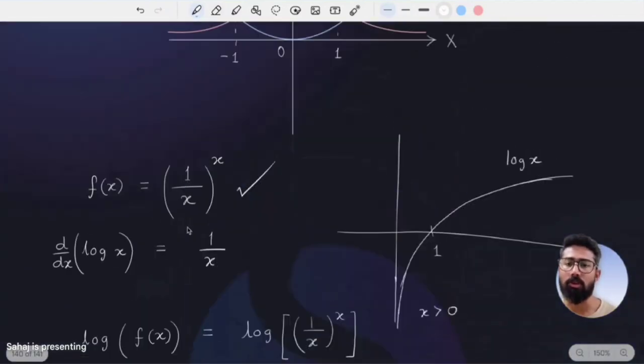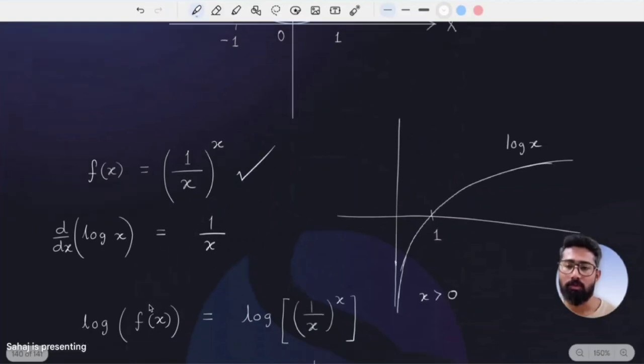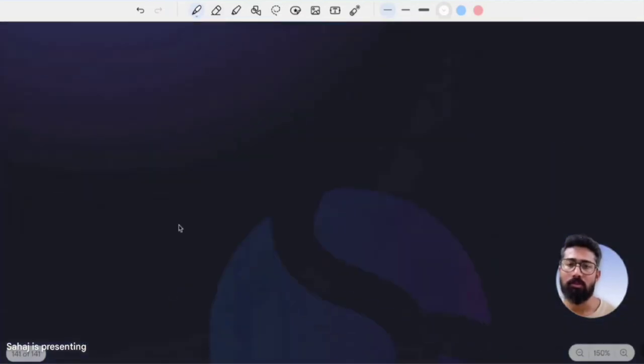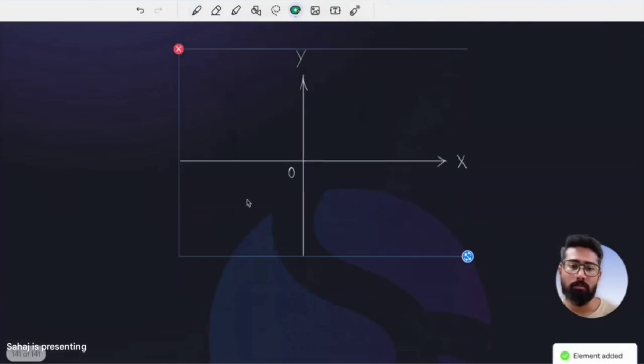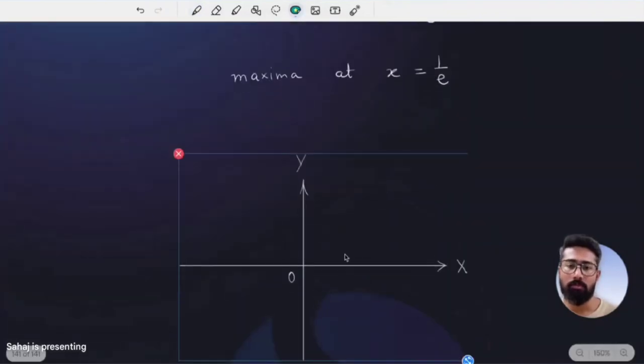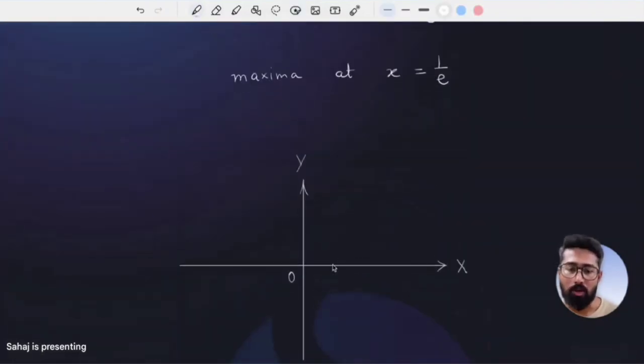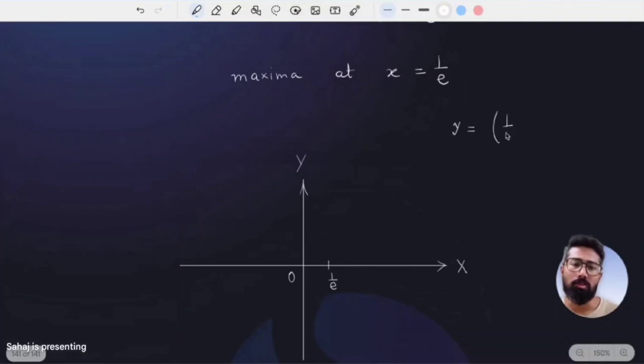So what does this function look like? At 1 by e, we should have a maxima. Some values we know. The function was y equals (1 by x) whole to the x.